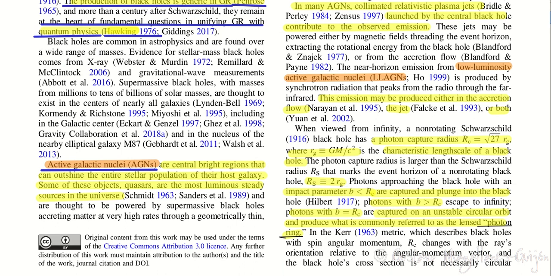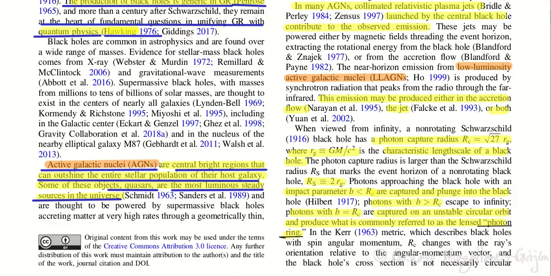Okay, the authors tell us that M87 is an active galactic nucleus, and these have central bright regions that can outshine the entire stellar population of the host galaxy. They tell us that these objects can be a quasar, for example, and these quasars are the most luminous steady sources in the universe.